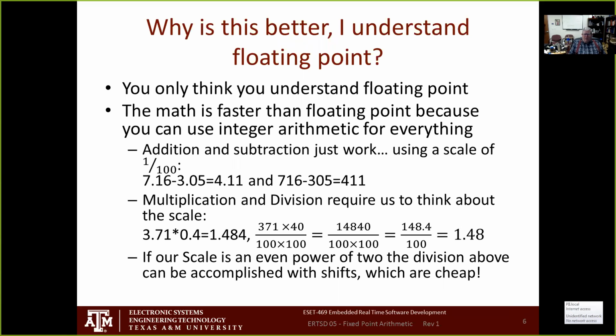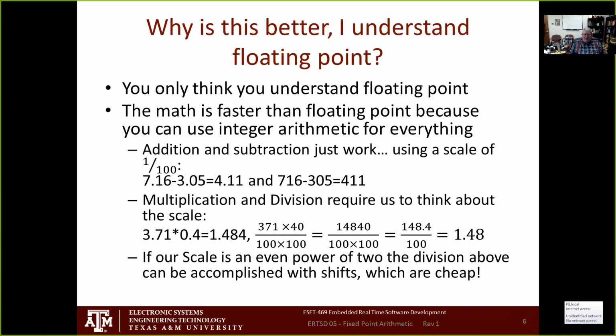I already understand how to do floating point arithmetic. You put a decimal point, you write it in decimal, it prints out, everybody sees what they mean. I know how this works, right? Well, the first thing I'm going to tell you is that you don't really understand floating point, because the computer does not understand, for instance, 7.16.